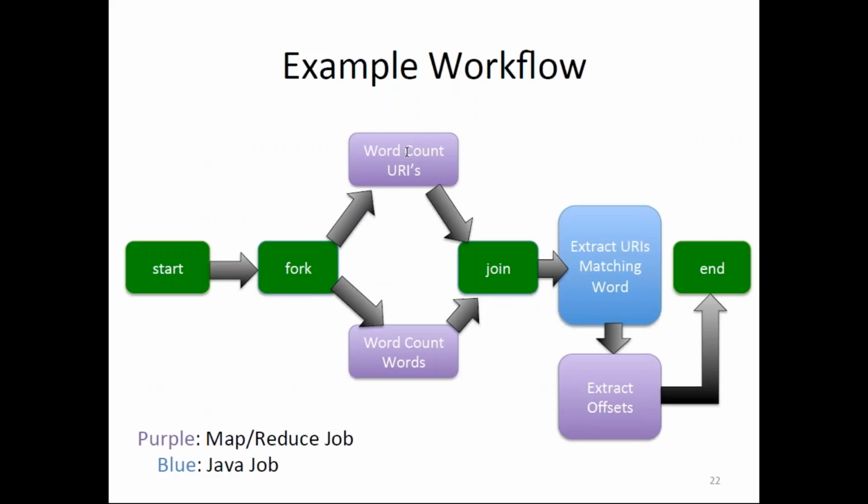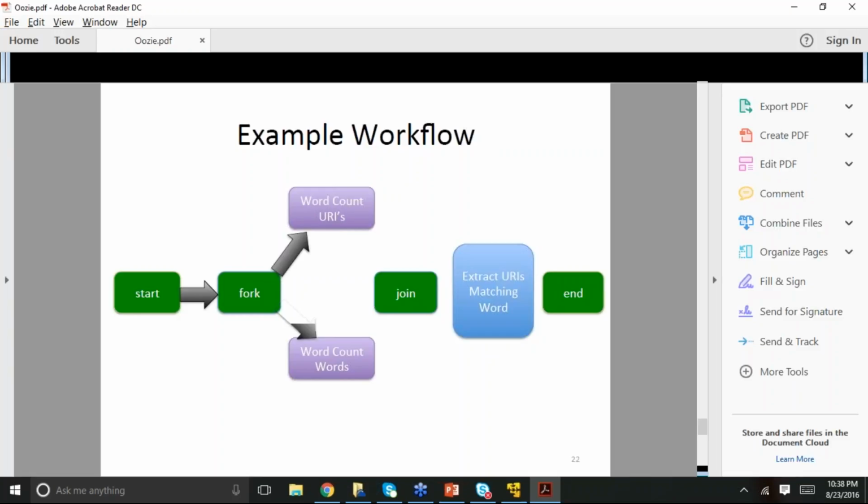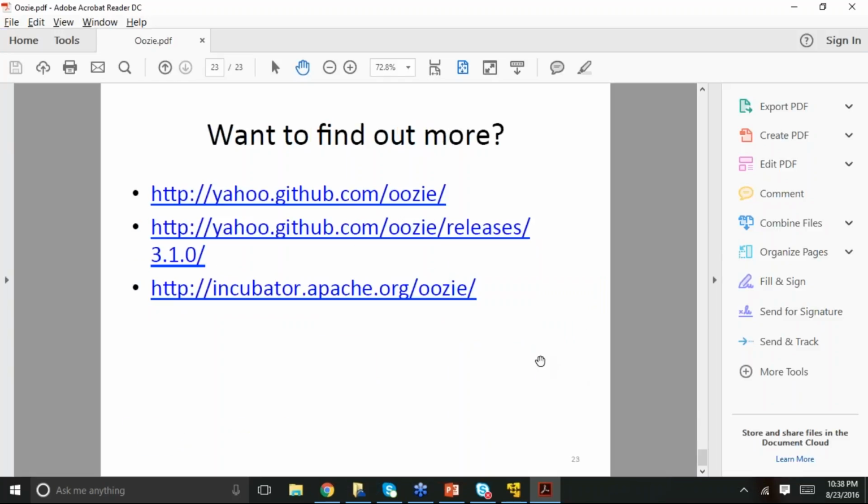The ones in purple are MapReduce jobs, so it executes the MapReduce jobs and then does the join. Then it goes to this blue Java job, doing something like extract URL matching, and then finally extracts the offsets. This is how it looks. Okay, a couple of links are there.